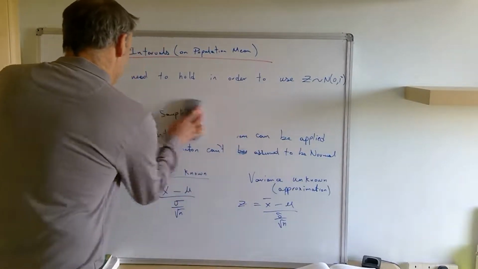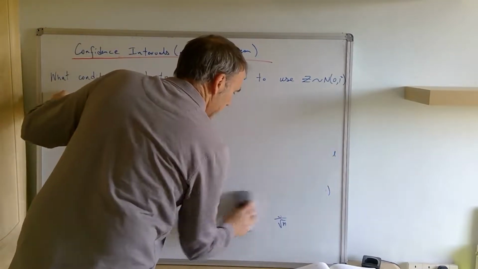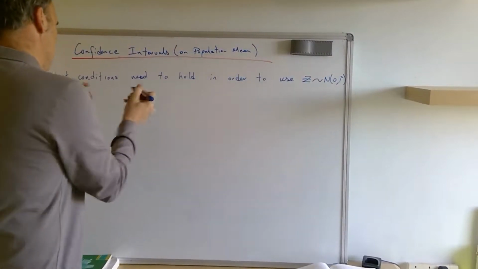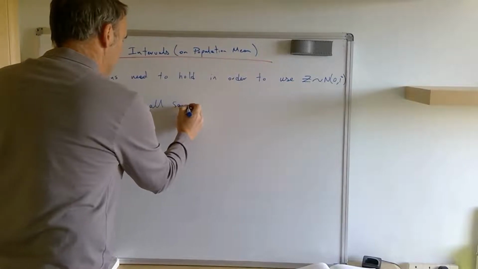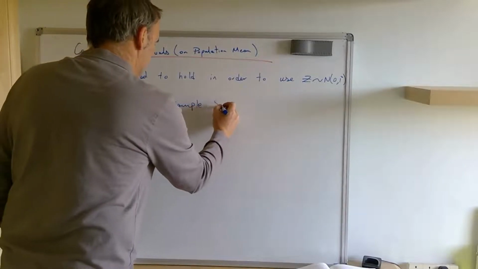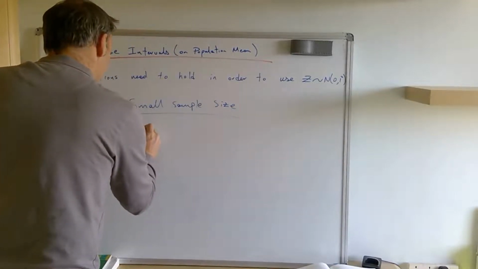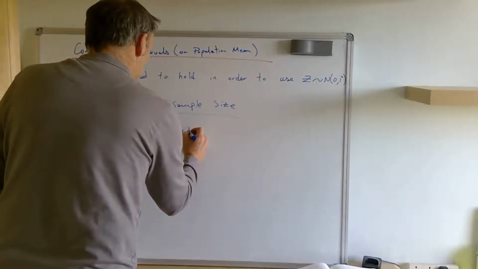Let's talk about small sample size. Okay, so if it's a small sample size, then first of all, the parent distribution needs to be normally distributed.